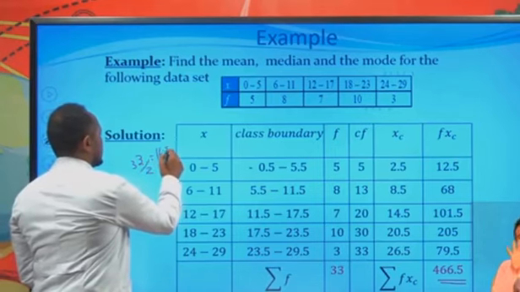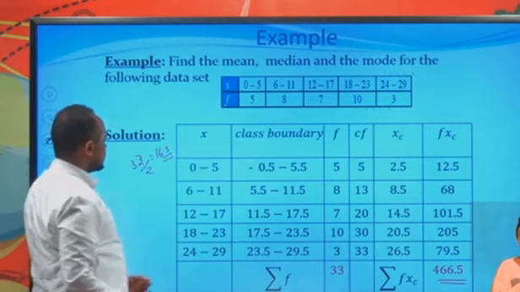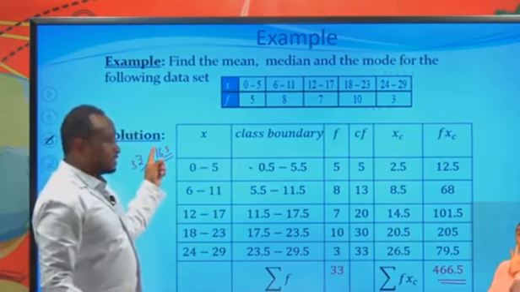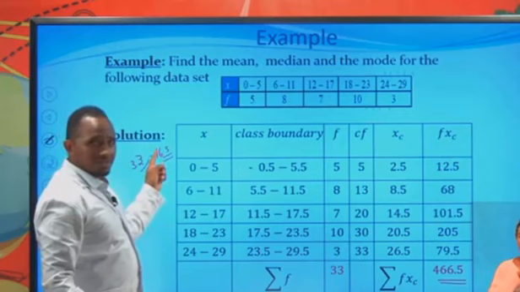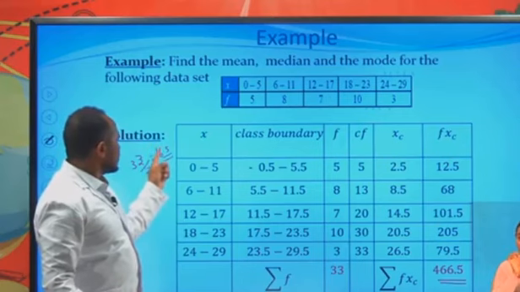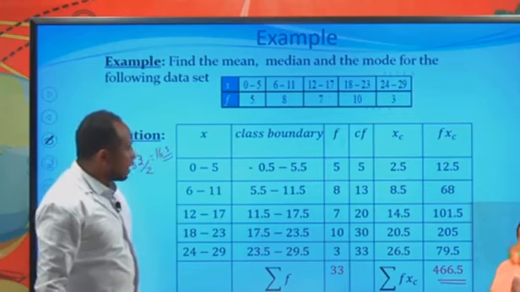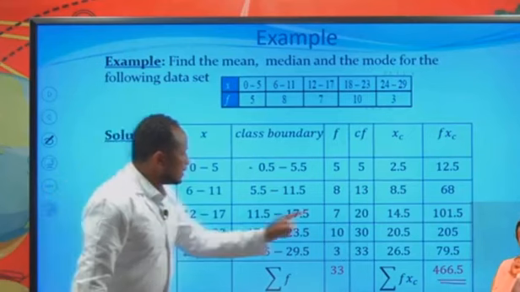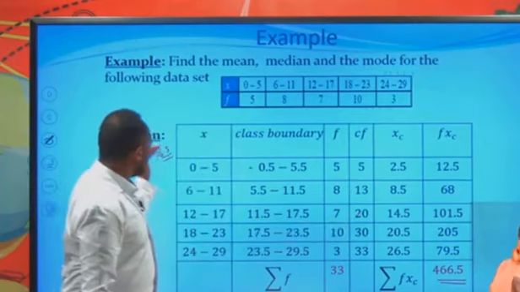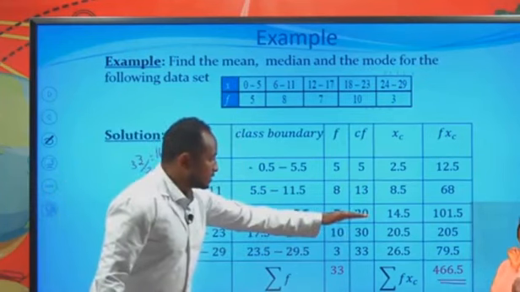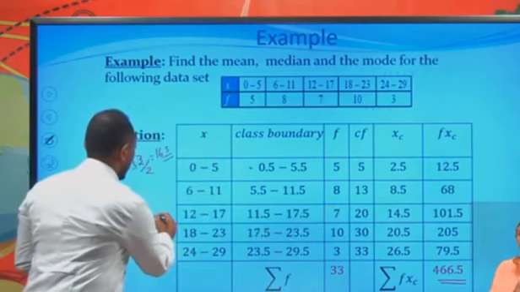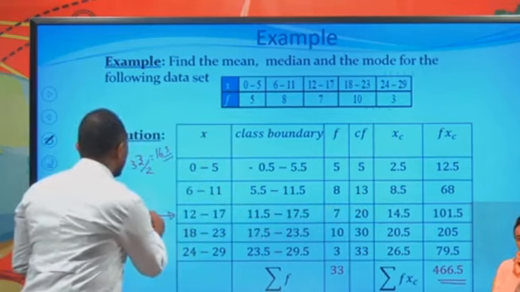So we search for the class with the least cumulative frequency greater than or equal to 16.5. Here it is 5, here it is 13. It does not exceed 16.5. Here it exceeds 16.5 and it's the least cumulative frequency, lesser than the other. So the median class is this one.